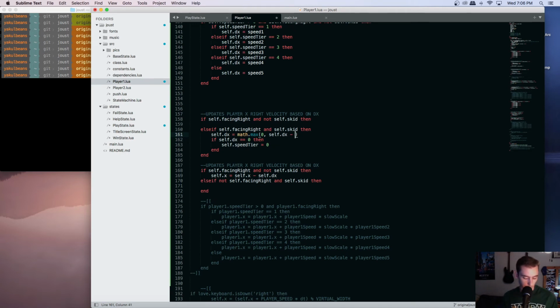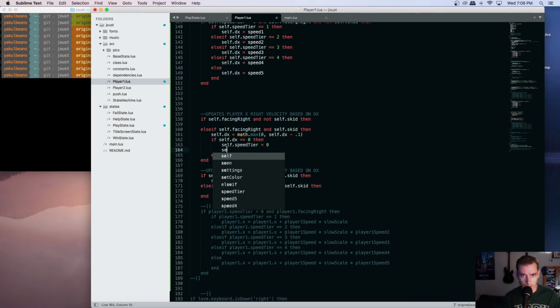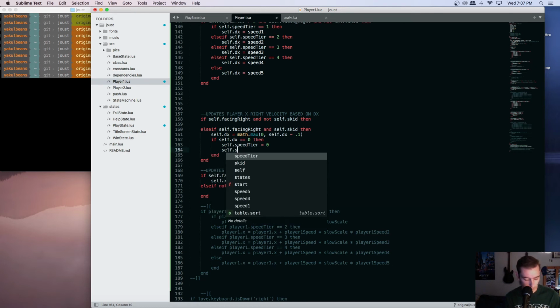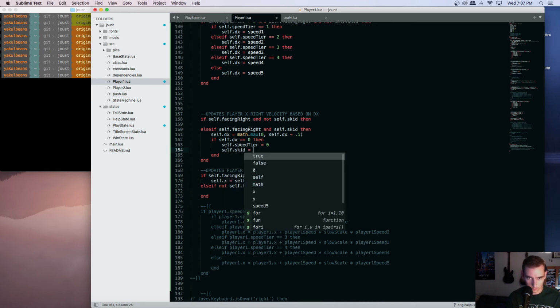Let me just do like a 0.1 or something. Then if dx is equal to 0, set its speed tier to 0 and set its skid to false because it's done skidding.